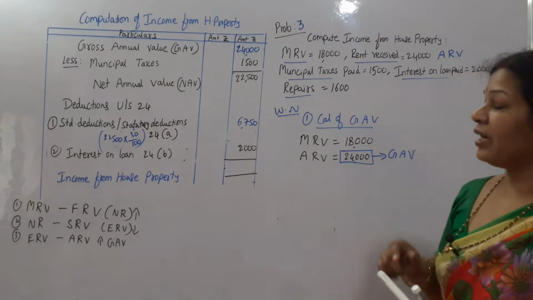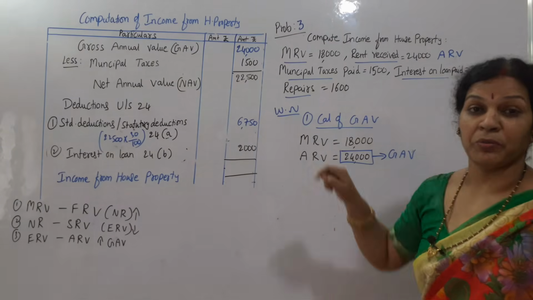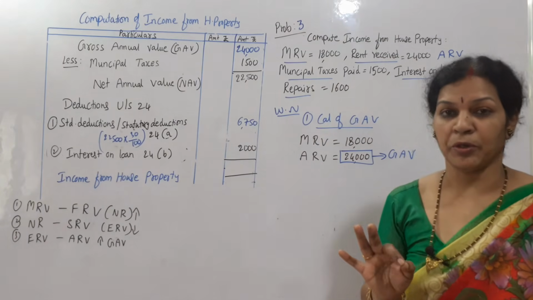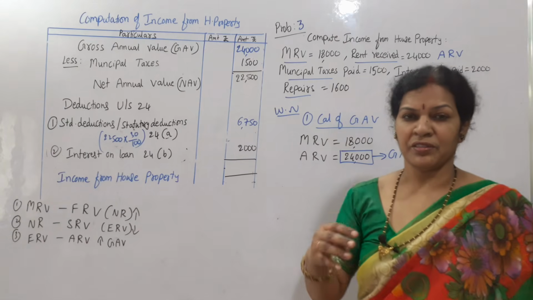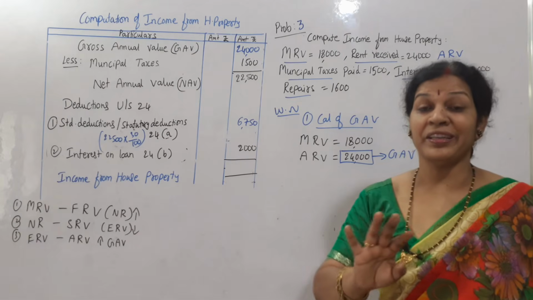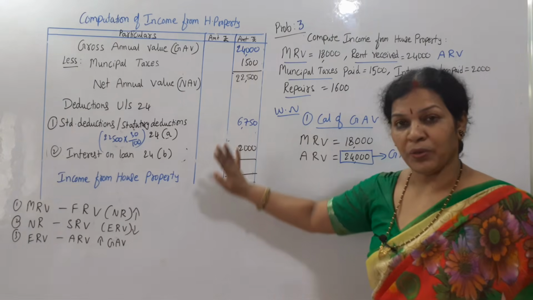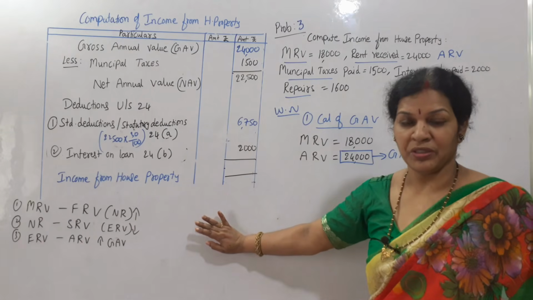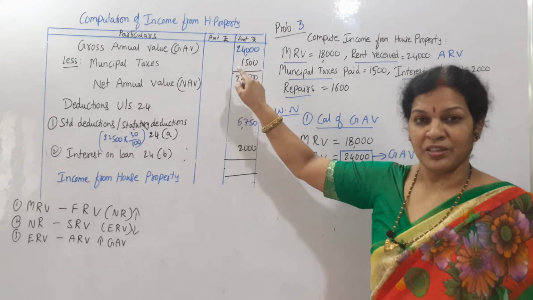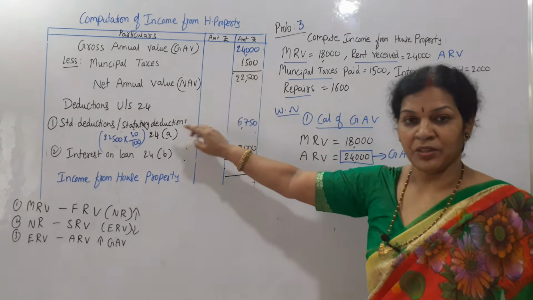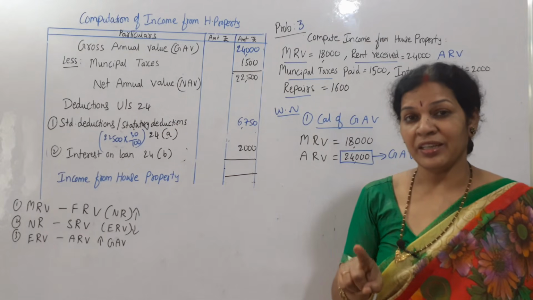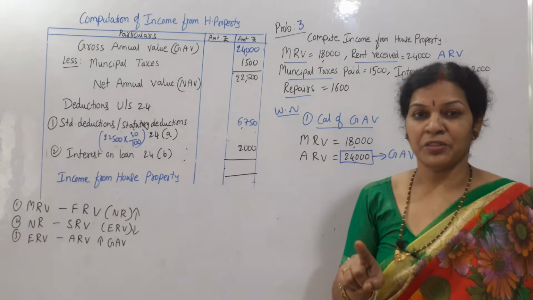You might be having another doubt: repairs are there, madam, what to do? Repairs don't come under the calculation of income from house property. Repairs, transportation, or any kind of expenses you find, ignore it. We have to follow only the standard format. What is needed is GAV, municipal taxes are there, deduct it. Then, any deductions like section 24 subsection A, standard deduction 30%.